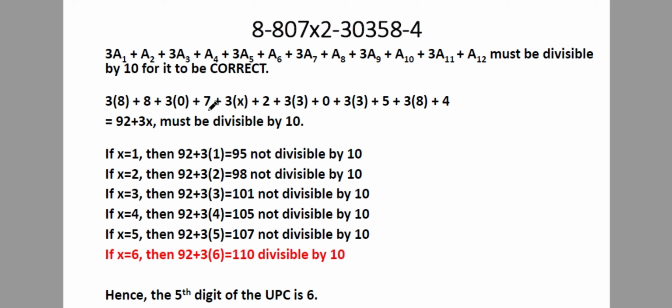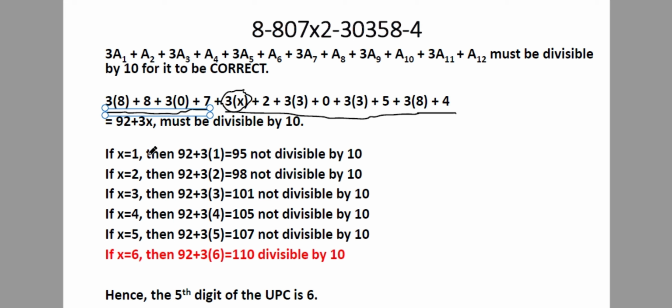Okay, so obviously you can just use your calculator by adding and multiplying, or input the expression. So we have 92 plus 3x. Take note, it must be divisible by 10.